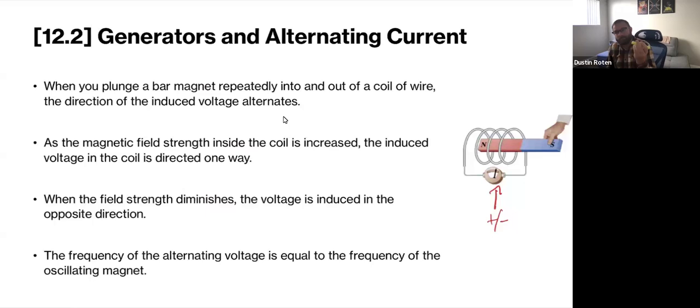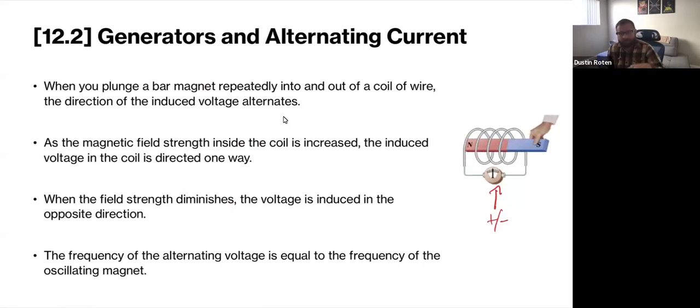That's just because it depends on the direction of the magnet. So as the magnetic field strength inside the coil is increased, the induced voltage is directed one way, and then when the field decreases, so when you take the magnet back out, the voltage is induced in the opposite direction.